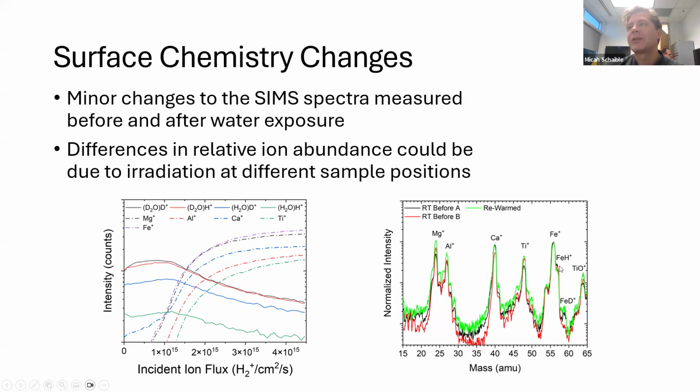The FeH and the FeD ion abundances don't change much before and after the exposure at room temperature. So this suggests that for the ilmenite sample, whatever chemistry causes the FeD+ to form more readily when the water's on there is not persisting after the water has been desorbed by warming it to room temperature again.